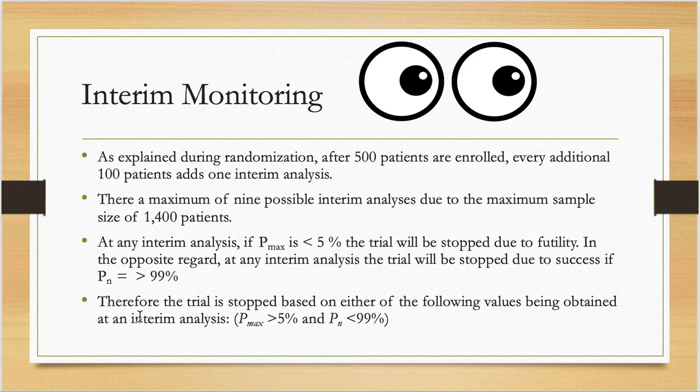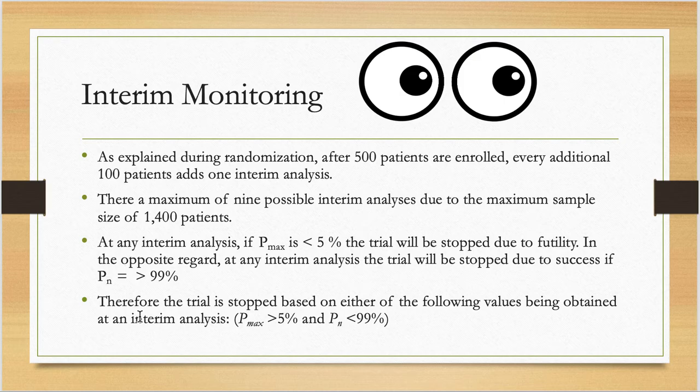And as I discussed before, one of the main features of the Goldilocks design is more interim monitoring. And as explained during randomization, after the 500 patients are enrolled, the minimum sample, every additional 100 patients adds one interim analysis. And since there is a maximum sample size of 1,400 patients, that gives a maximum of 9 possible interim analyses.